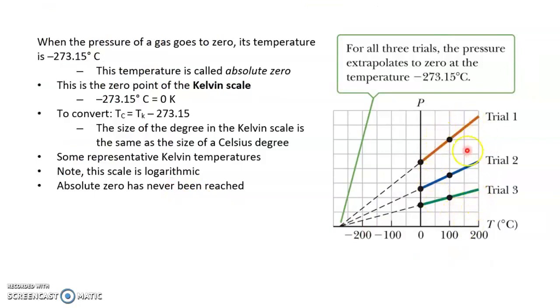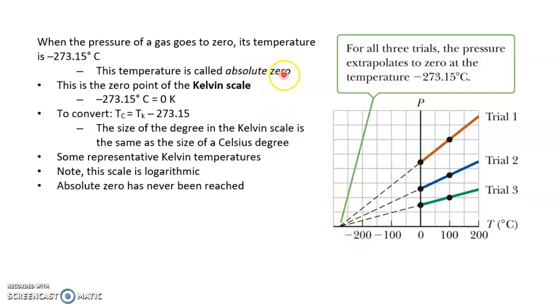If we repeat 3 trials using different types of gas, we can plot this graph. This solid line for trial 1 is this brown line, and we have the solid blue line for trial 2, and then the green solid line for trial 3. We can extend these lines until they reach this intersect, and this point is pointing to the absolute zero value.